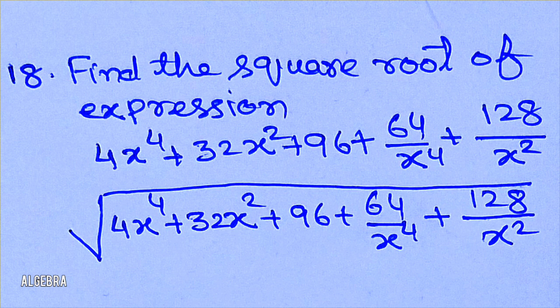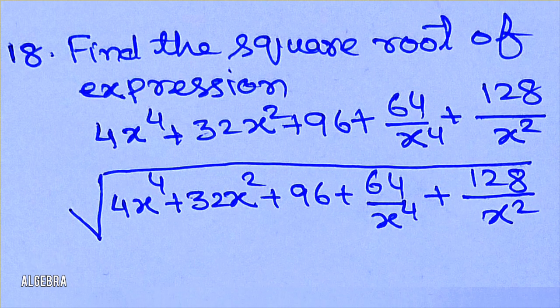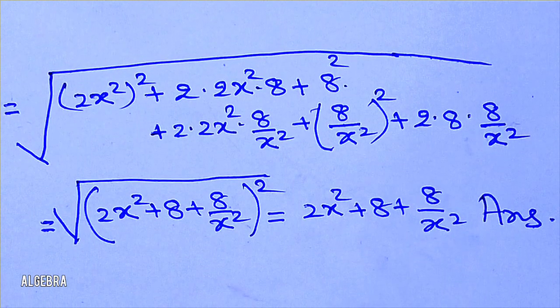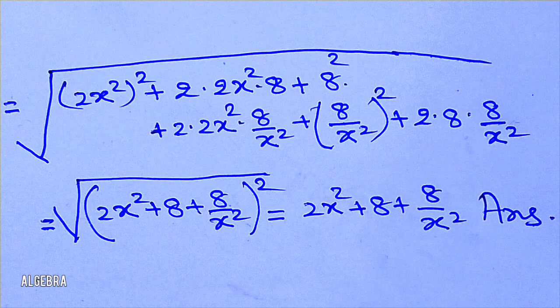Square root of this is equal to the square root of (2x^2)^2 + 2 into 2x^2 into 8 + 8^2 + 2 into 2x^2 into 8/x^2 + (8/x^2)^2 + 2 into 8/x^2, which is equal to the square root of (2x^2 + 8/x^2)^2, which is equal to 2x^2 + 8/x^2. Answer.